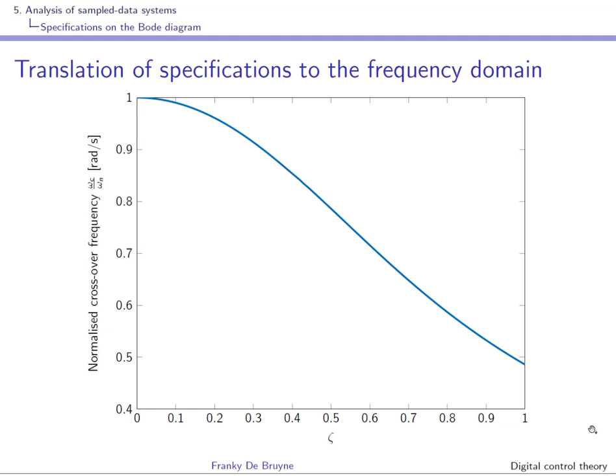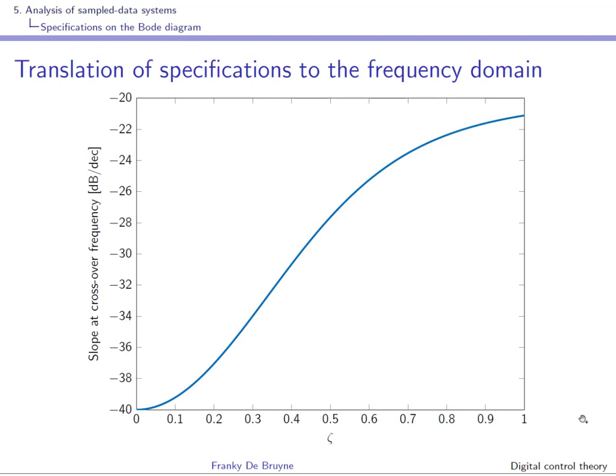This is the normalized crossover frequency, omega c over omega n, as a function of zeta. As we had seen in the Bode diagram of L, when zeta is 0, omega c and omega n correspond, but when zeta increases, the ratio decreases to a value of approximately 0.48.